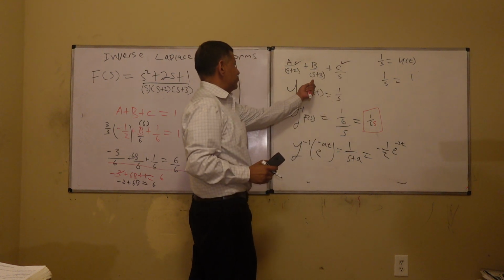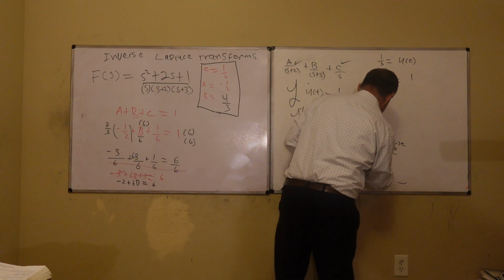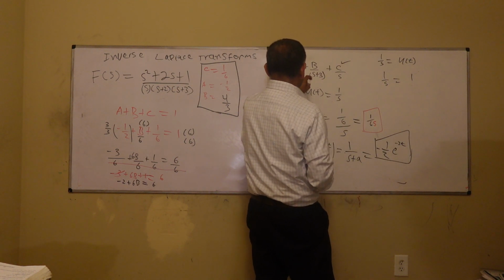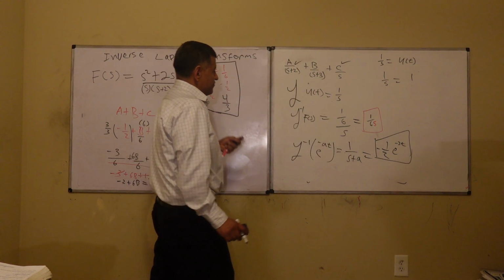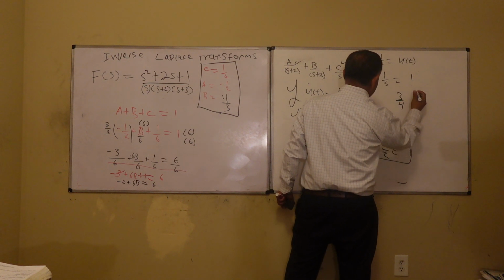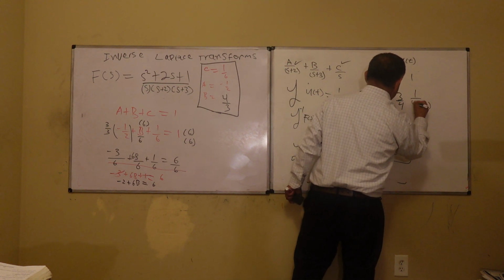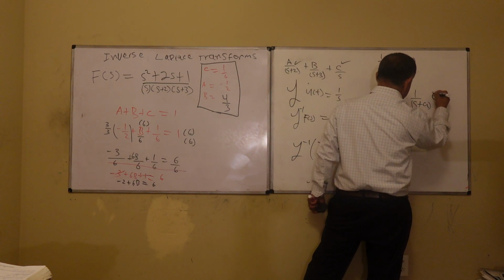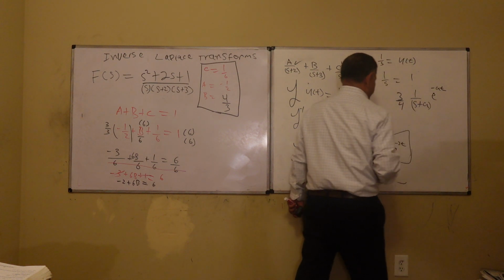And now I need to do this. Same thing. So what is b? b is negative 3/4, so 3/4 is being multiplied by 1 over s plus a. Again, similar, and that gets us an exponential e to the negative t.